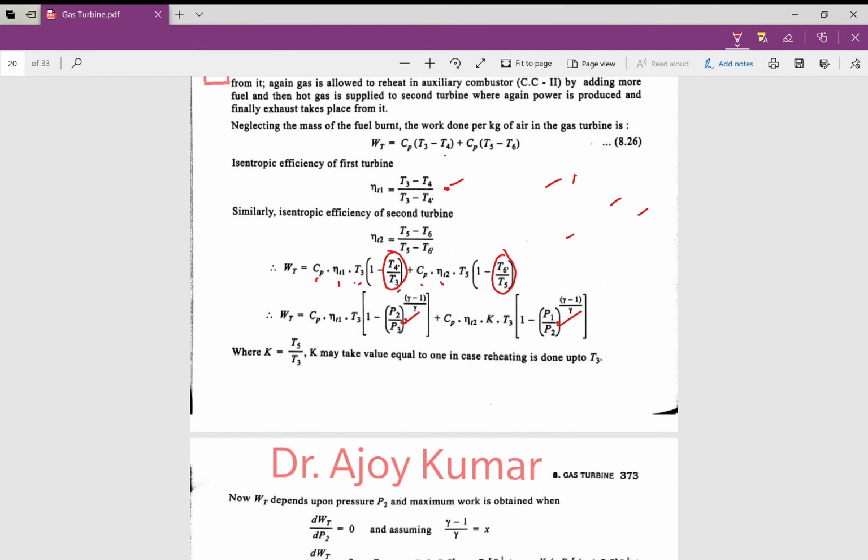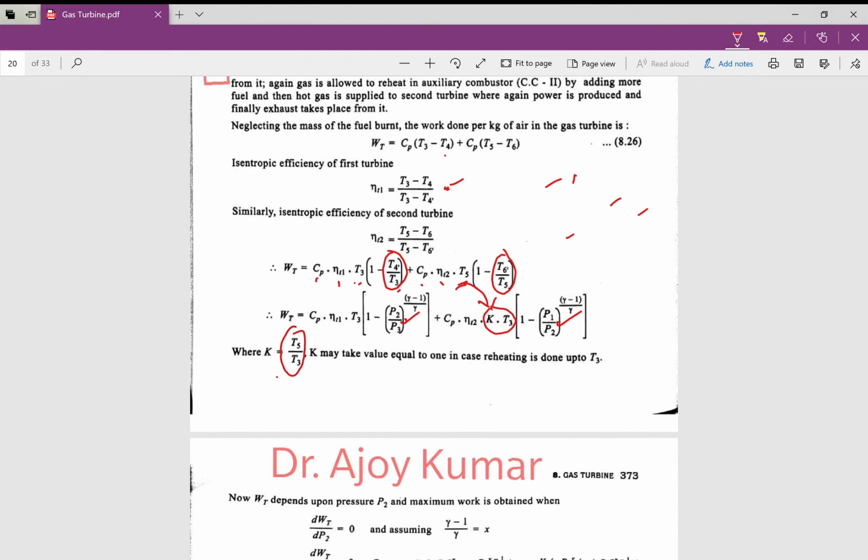Right, so this is our main purpose. Now here T5 is written in terms of K T3. What is this? Where K is T5 upon T3.